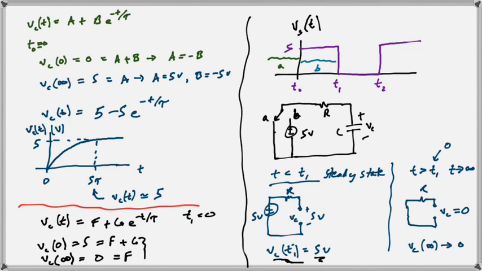So this tells us that f is 0, so g is 5 volts, and so we have, I'll write it here in red, for our new time segment, VC of t is 5 e to the negative t over tau.